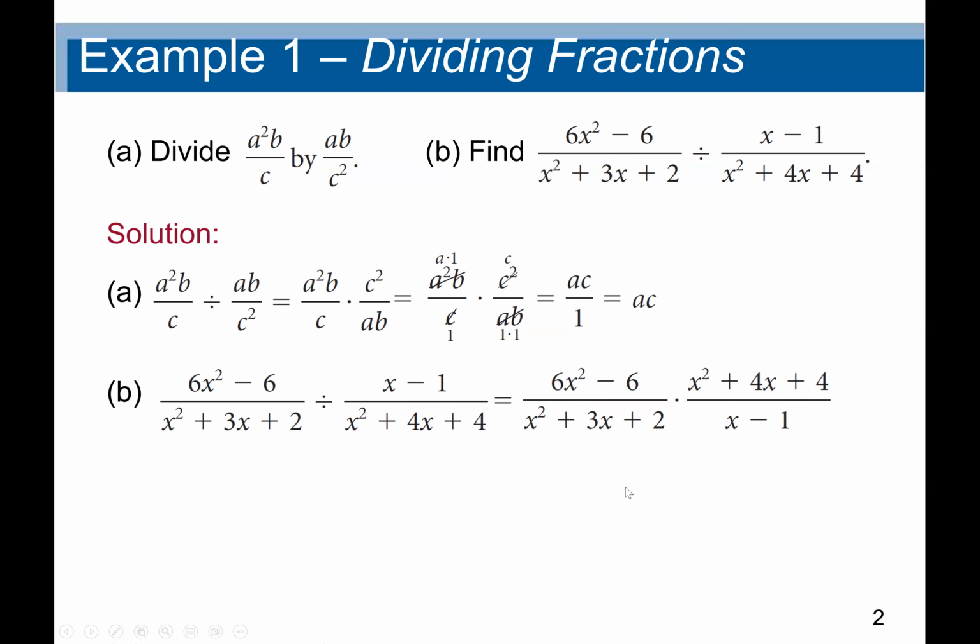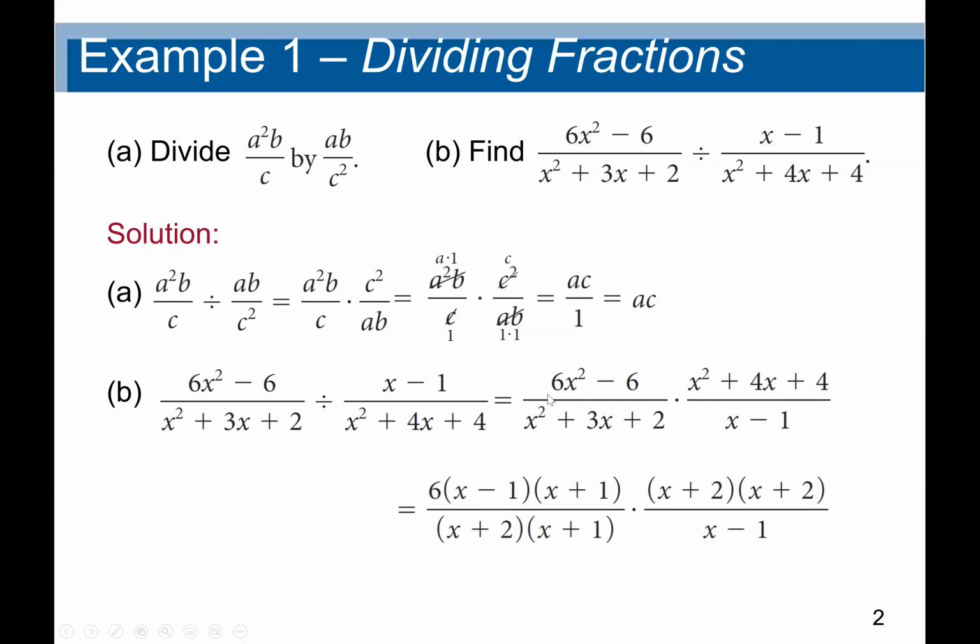Then from here, it's very difficult to cancel, so we may try to factorize. Here, for example, we have 6x squared minus 6. So 6 is common, and we get x squared minus 1. Remember, x squared minus 1 is a difference of two squares, so it will give us x minus 1 times x plus 1.